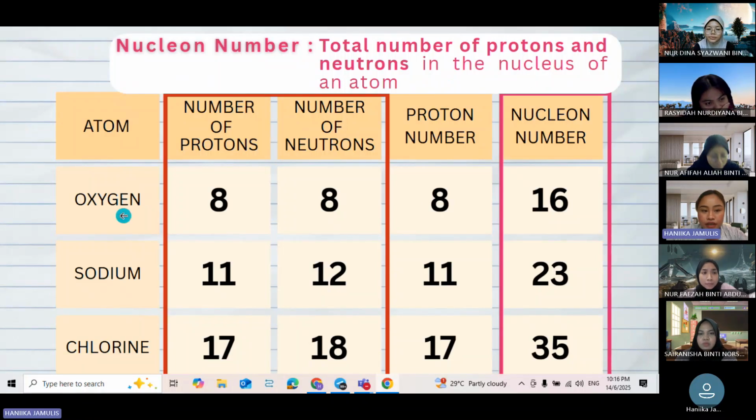For example, in here, oxygen atom, the number of protons is 8 and the number of neutrons is 8. 8 plus 8 is 16, teacher. Yes, correct, Afifa. Hence, we have the nucleon number of oxygen, which is 16.